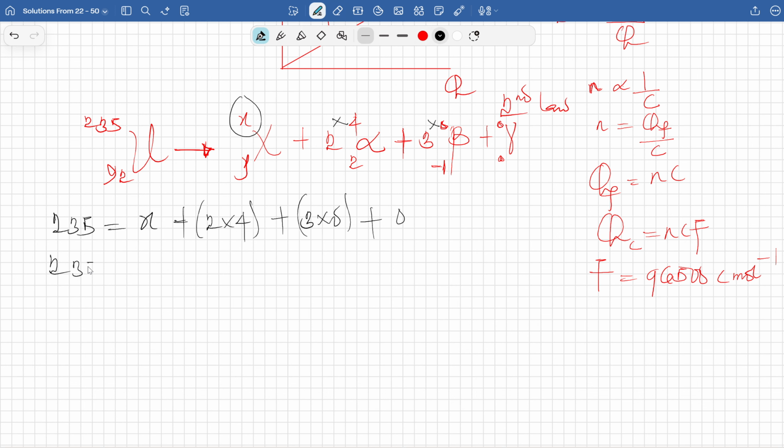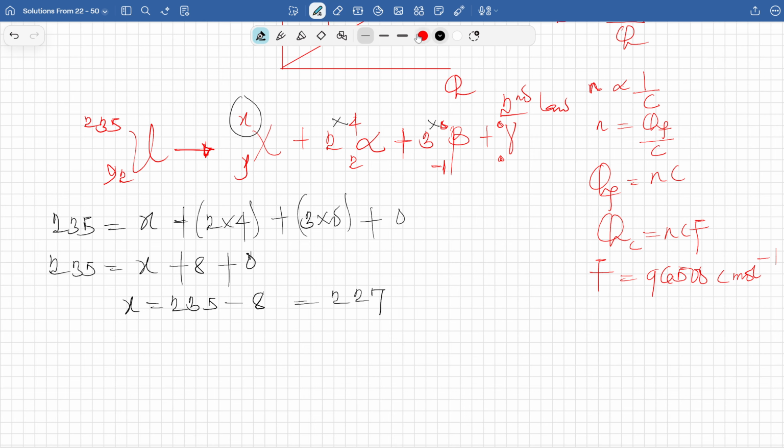Given that 235 is equal to x plus 8 plus 0, x is equal to 235 minus 8. So this is equal to 227. Now let's solve for y.